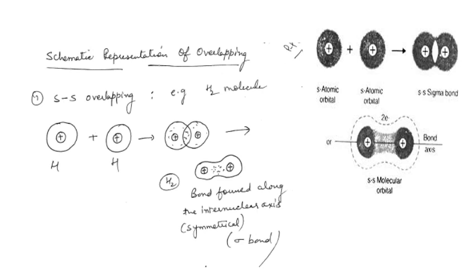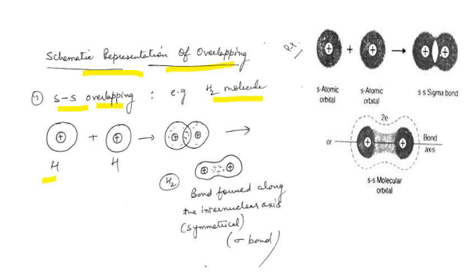So let's see the various orbital overlapping in the schematic representation. The first is between s orbitals. S overlapping is also called head-to-head overlapping. It can be seen in the hydrogen molecule. We have taken the example of the hydrogen molecule because it has one electron, which goes in the s orbital, which is spherical in shape.